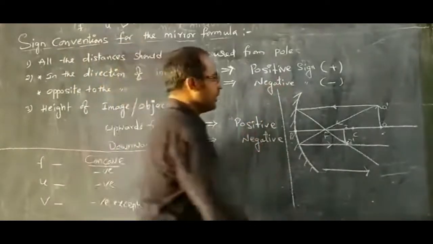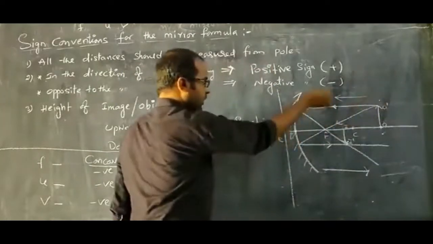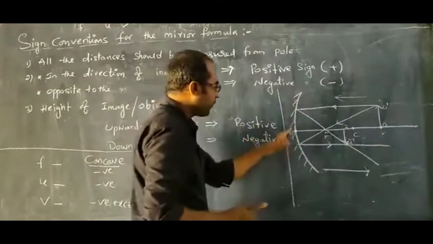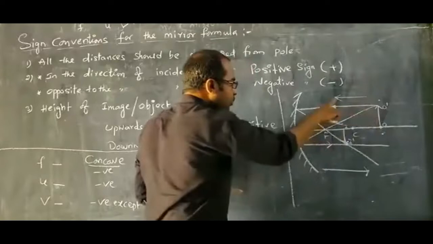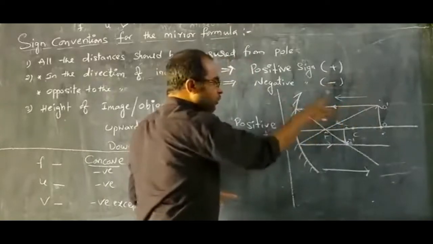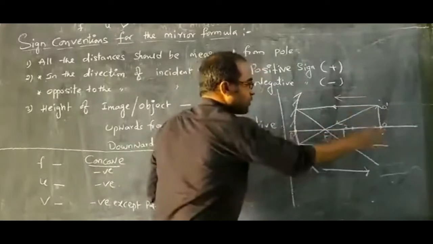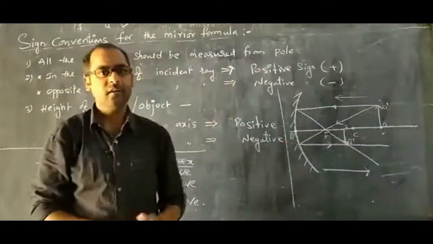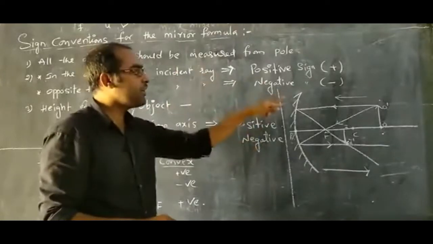Here this is the direction of the incident ray, from there to here. And how are we measuring here? From pole to object. The incident ray is from object to mirror, and we are measuring from mirror to object. So we are measuring in the direction opposite to the direction of the incident ray.